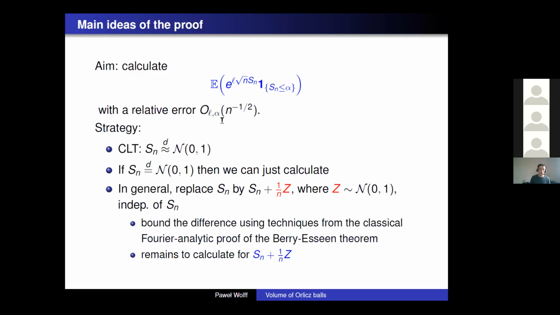This is very similar to what happens, for example, in the classical Berry-Esseen theorem, where the aim is to approximate the tail probability of Sn.